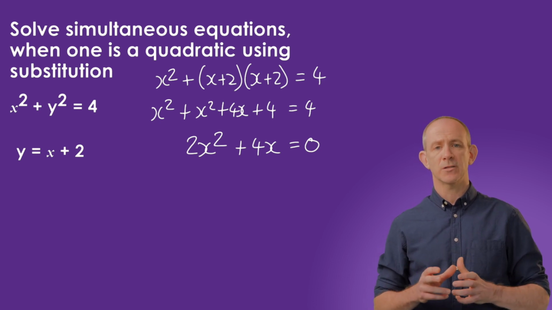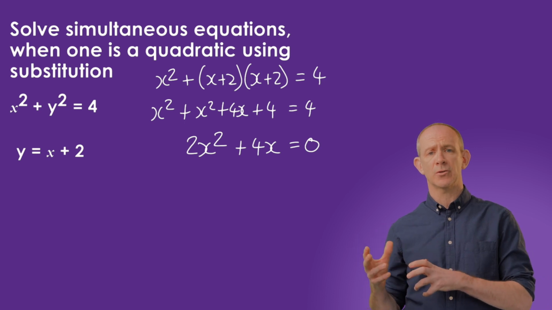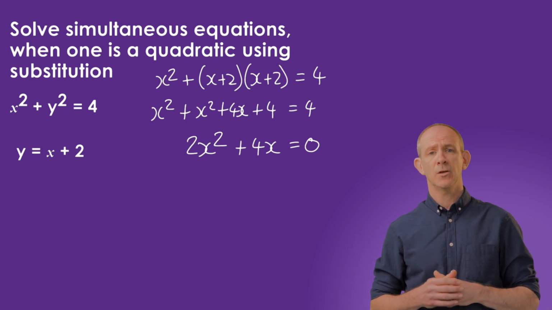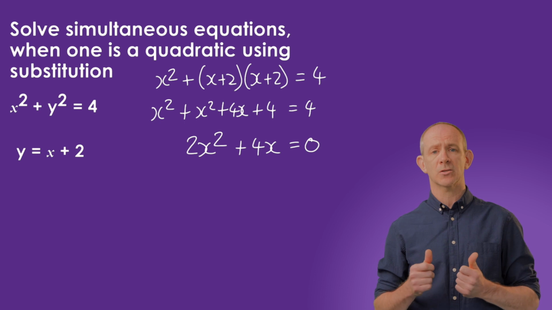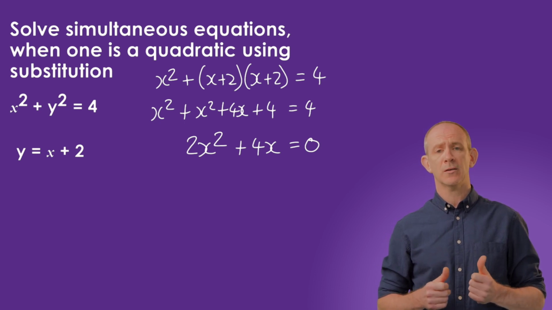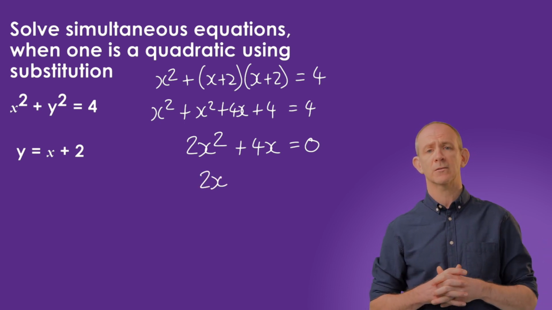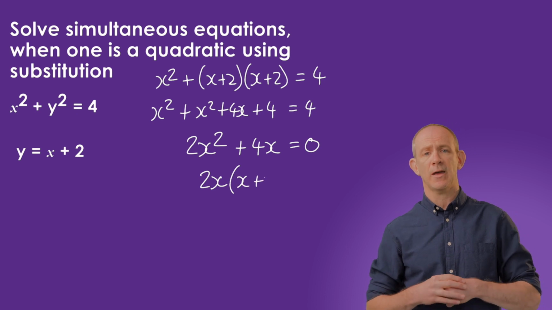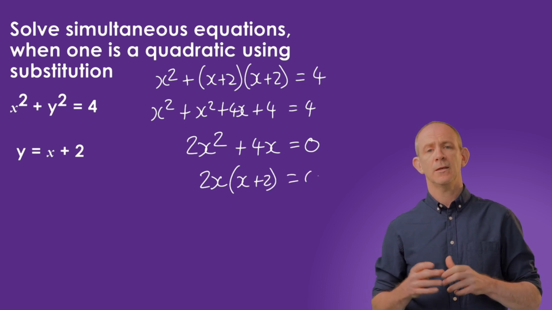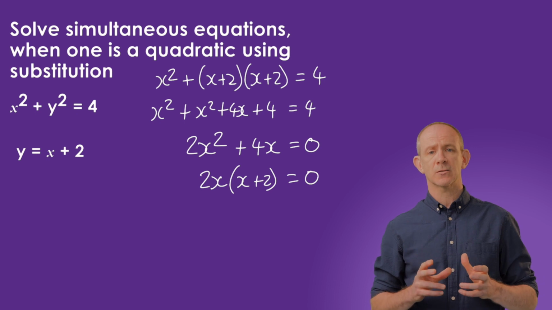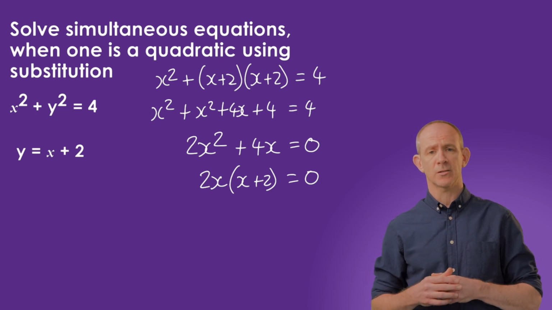We can then factorise this, and because there's no c coefficient, we only need one set of brackets. So the common factor between 2x squared and 4x will be 2x, and we'll put that outside of a set of brackets, and inside the brackets we'd have x plus 2. Now, we always have two solutions with a quadratic.